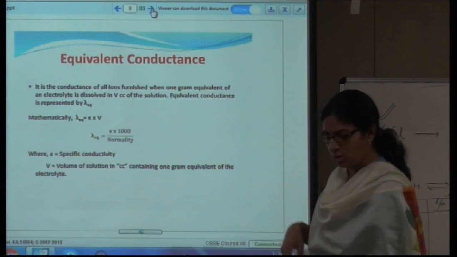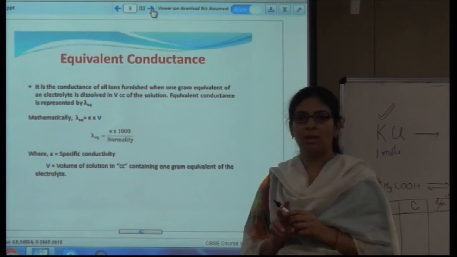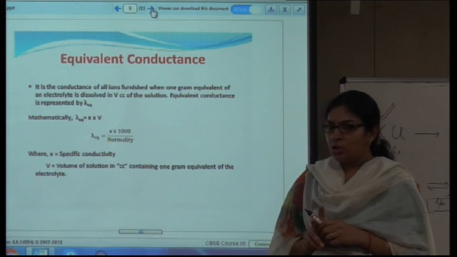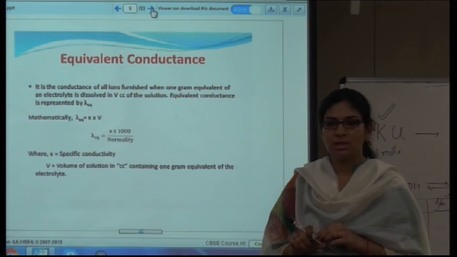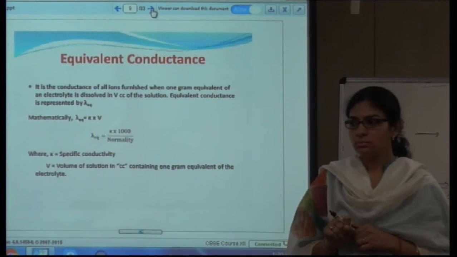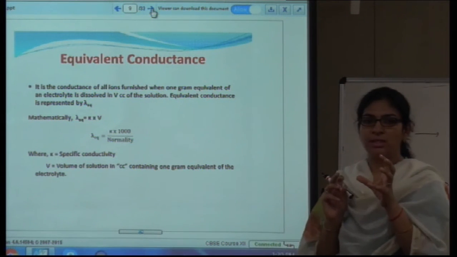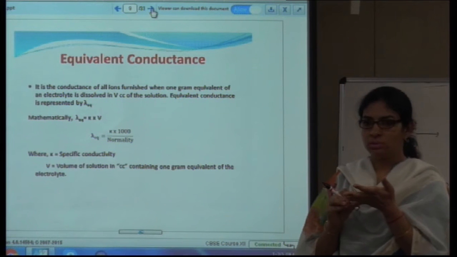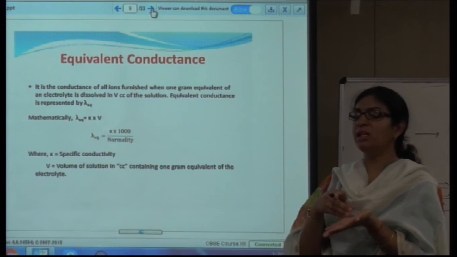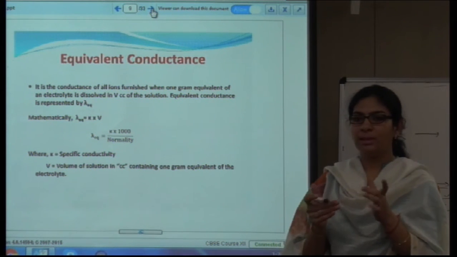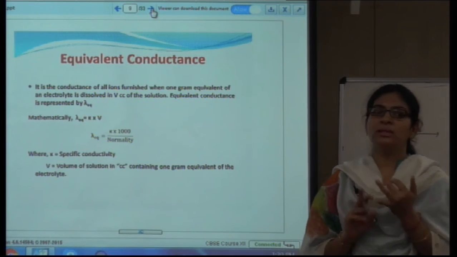We have this relation. Now how do we establish this relation? Lambda equivalent is given by kappa into V. From where is this 1000 factor and normality factor coming, do you know that? See, this V is representing the volume in which 1 gram equivalent of electrolyte has been taken. For example, how do you calculate? You take any solution, you take 1 cc of that solution.